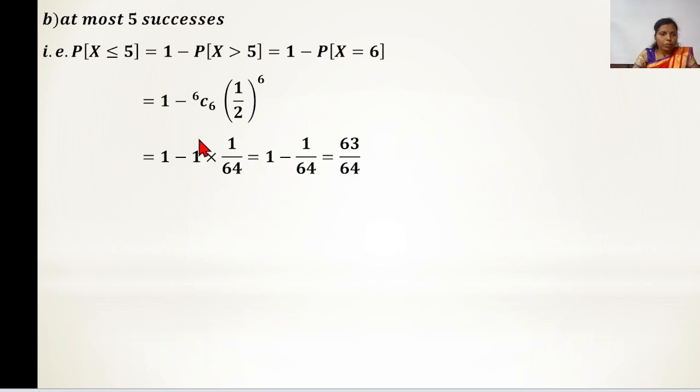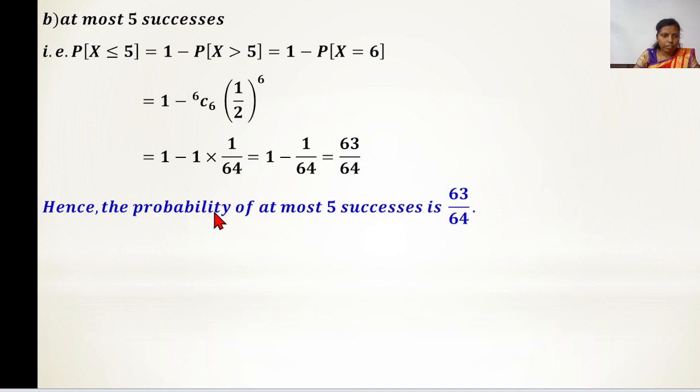Solving this, 6C6 is 1 and (1 by 2) raised to 6 is 1 by 64. Then 1 minus 1 into 1 by 64 is 1 minus 1 upon 64, which is 63 upon 64. Hence, the probability of at most 5 successes is 63 upon 64.